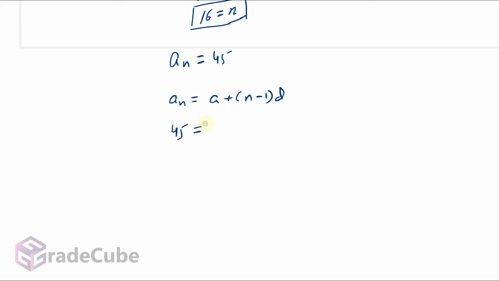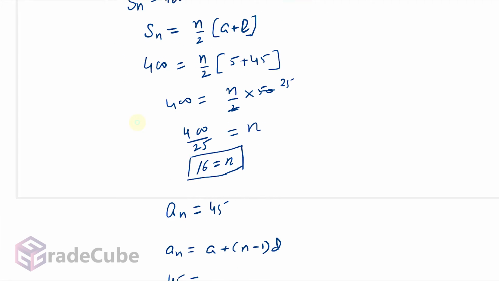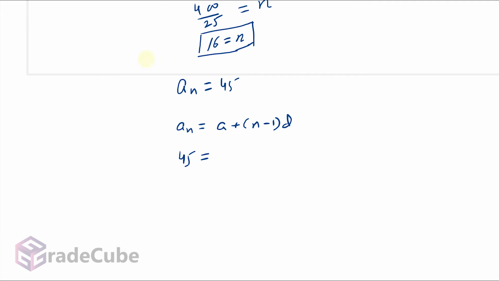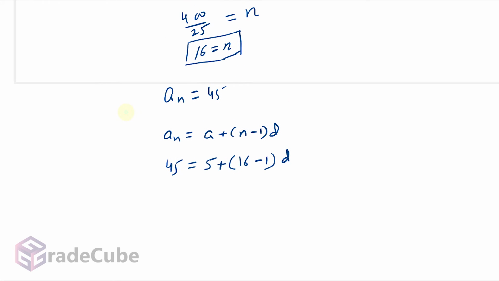What was the value of a? It was 5. So it is 5 plus (16 minus 1) into d. We had calculated the value of n here.